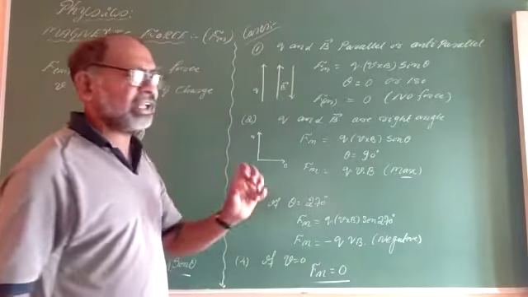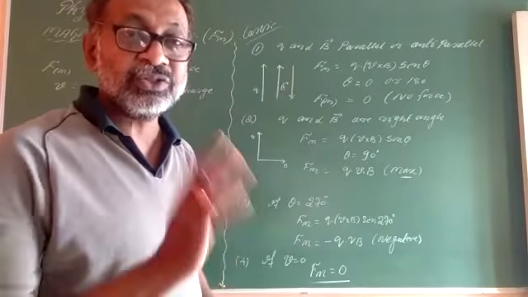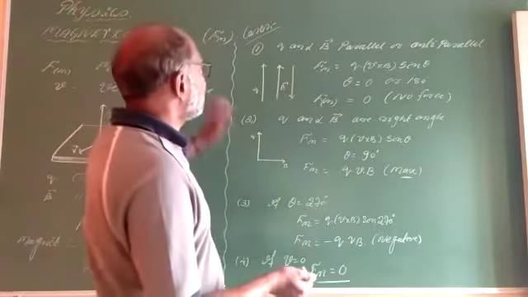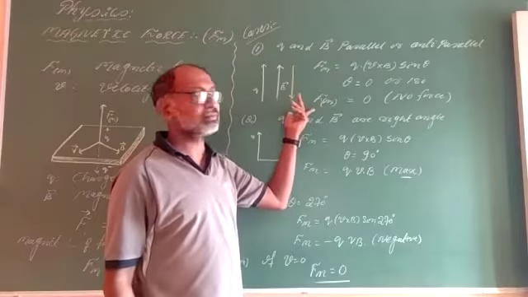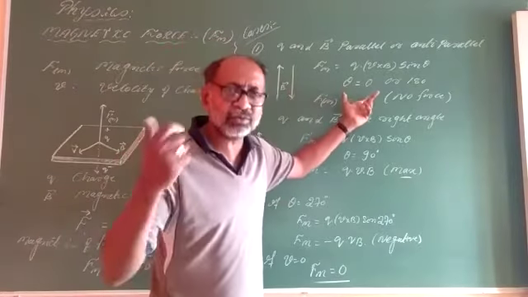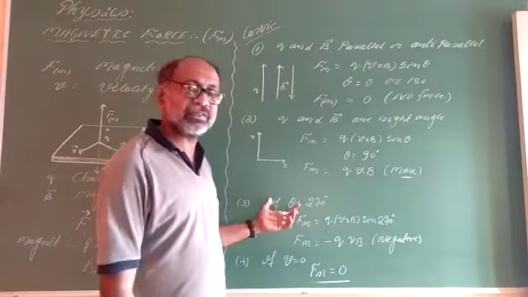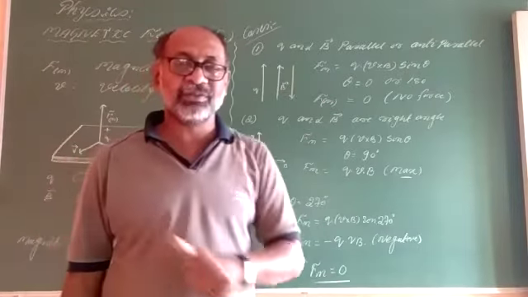These 4 cases are very, very important for your CET and also for NEET. They are asking that if the magnetic field and Q are parallel, then you can say F is equal to 0. The same for perpendicular, 270 degrees, and velocity equal to 0.